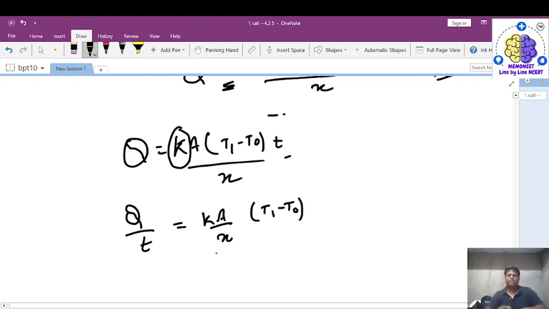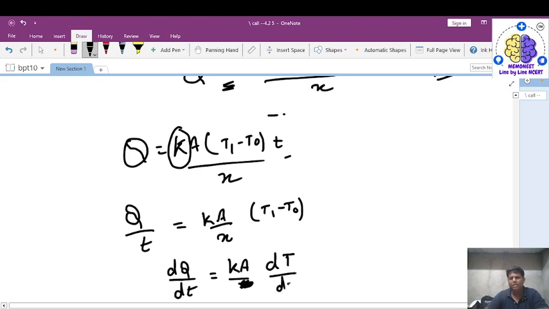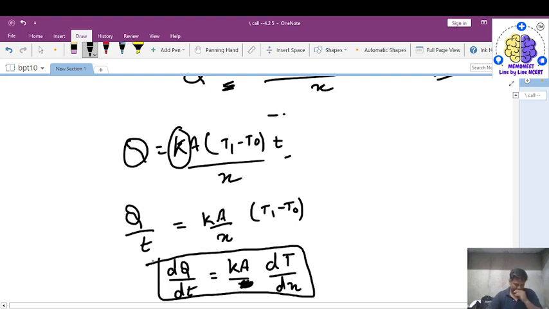So this is the equation which gives you the rate of flow of heat. This can also be written in the form dQ by dt is equal to K A into dT by dx. So this is also the expression to give you the rate of flow of heat.